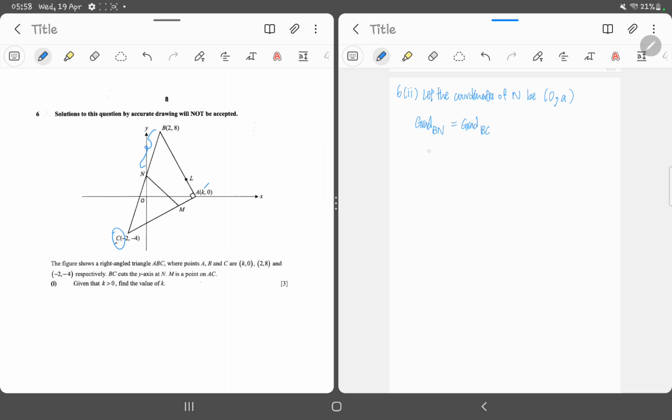So let me label the coordinates of point N over here.